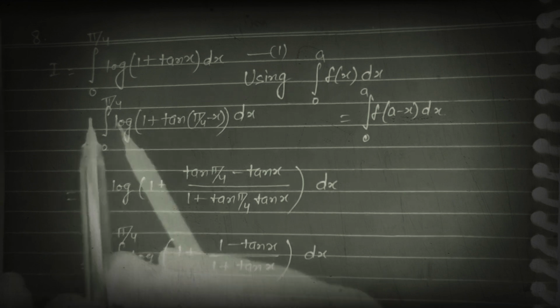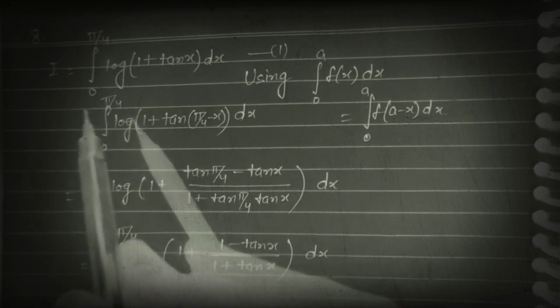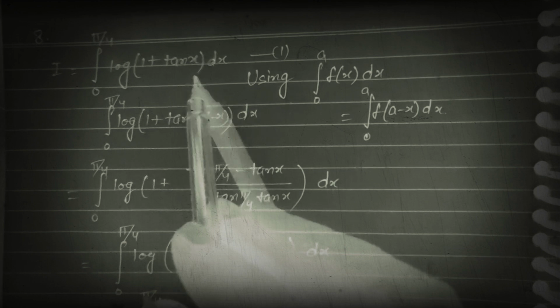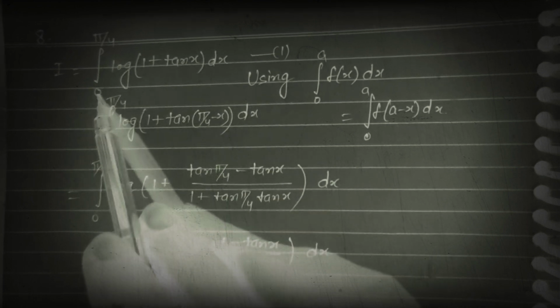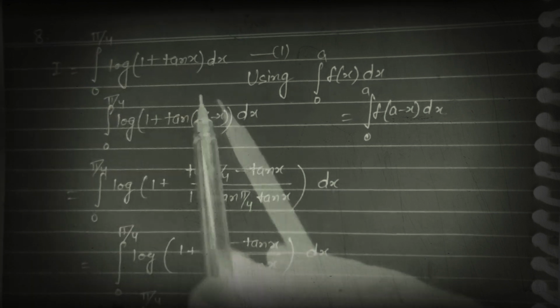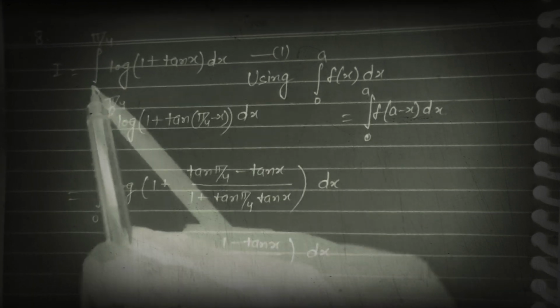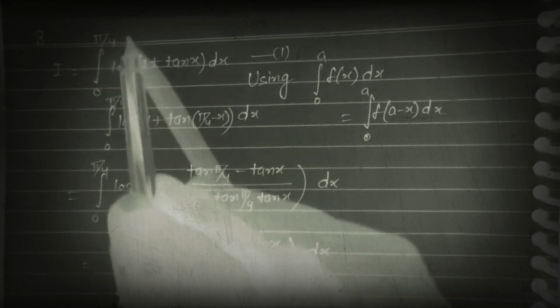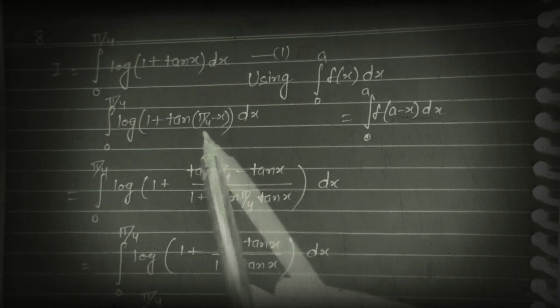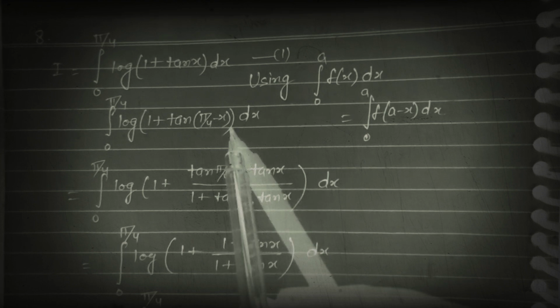Now look at the 8th question. This is related to the same property. The integration of log of 1 plus tangent x, limit is 0 to pi by 4. We will use the same property here, because the limit is 0 to a. Then we will replace x by pi by 4 minus x.